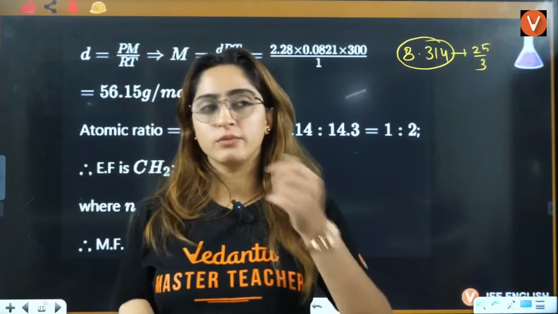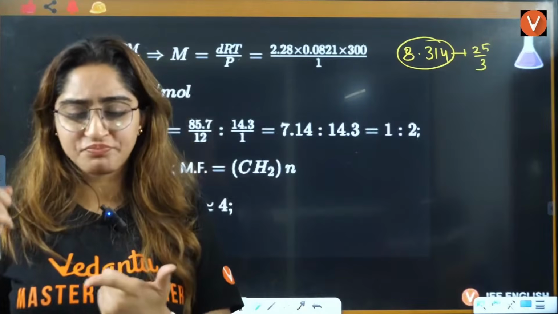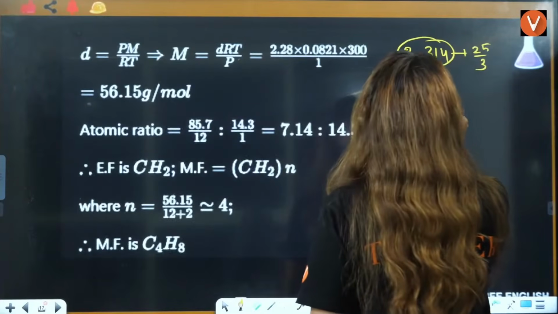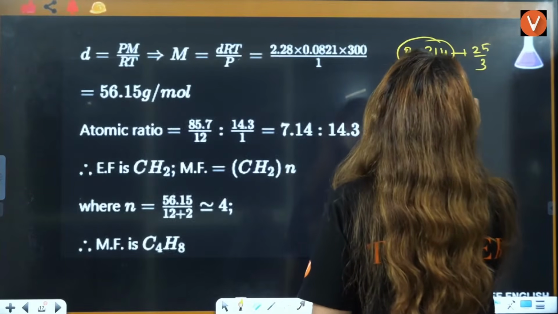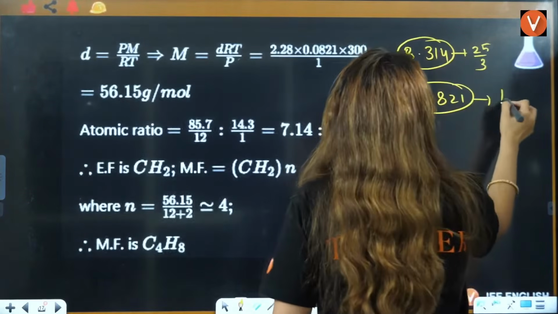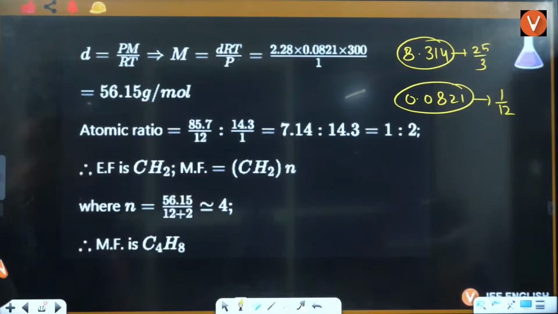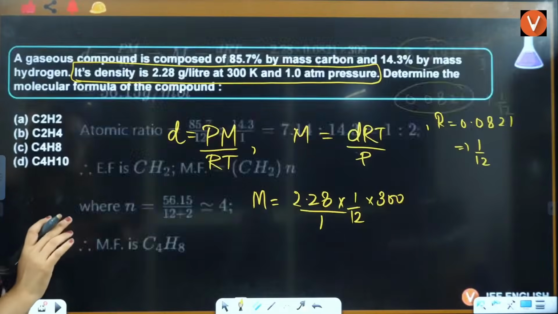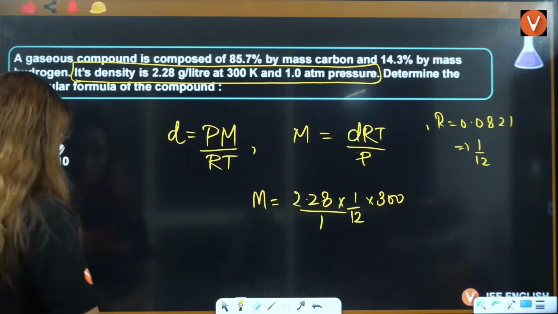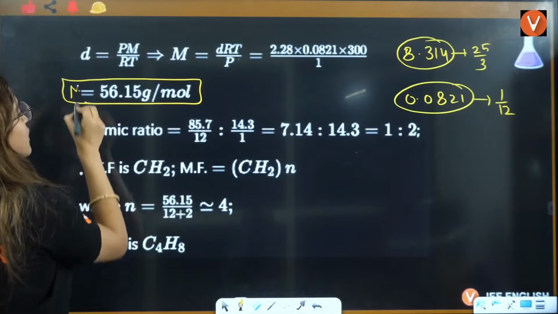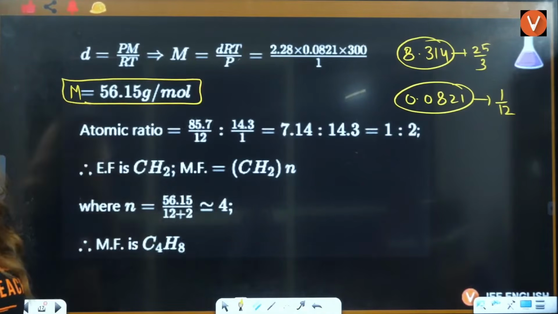But when we are talking about volume and pressure in atmosphere, then we take 0.0821, that is nothing but 1 by 12. In fraction, it makes the calculations easy. Now you have the molar mass. After calculating, the molar mass will be 56.15 gram per mole.